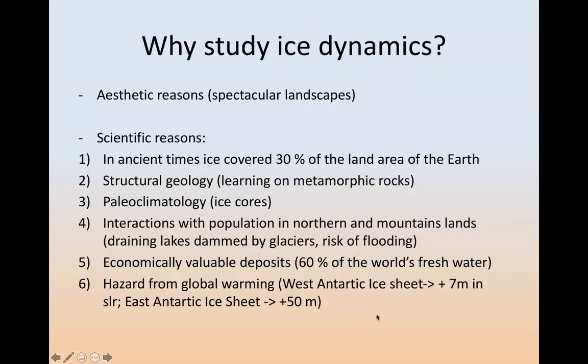So let's do a quick overview of why one should study ice dynamics. Apart from aesthetic reasons, there are some important scientific reasons. Ice in ancient times covered 30% of the land area of the Earth. There are issues related to structural geology and interest in paleoclimatology, the reconstruction of the past climate, and interaction with population in northern mountain lands.